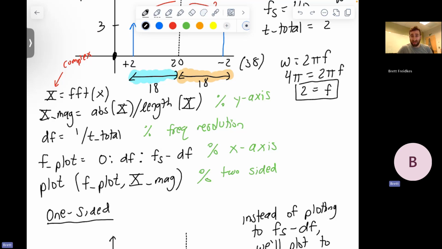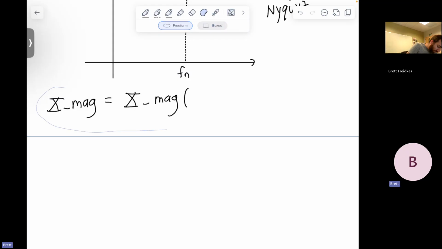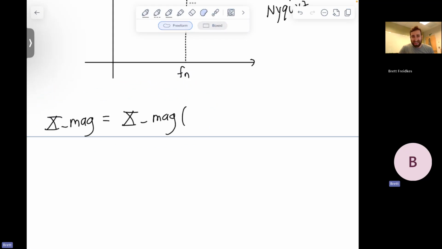One, I want to make sure that I am only including frequencies up until the Nyquist, and I need to double those frequencies. So I'm going to say that X mag is equal to X mag, and there's an easier way to do this that would make sure this is more foolproof. I want to figure out what indices I need to take.